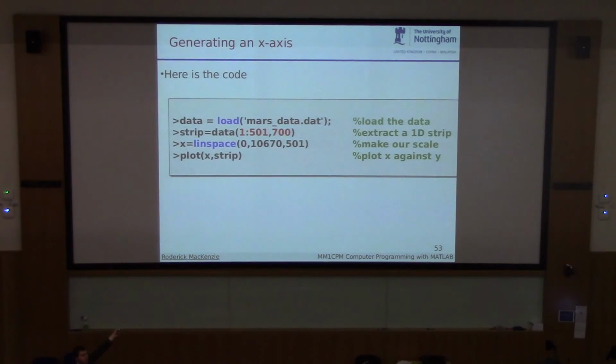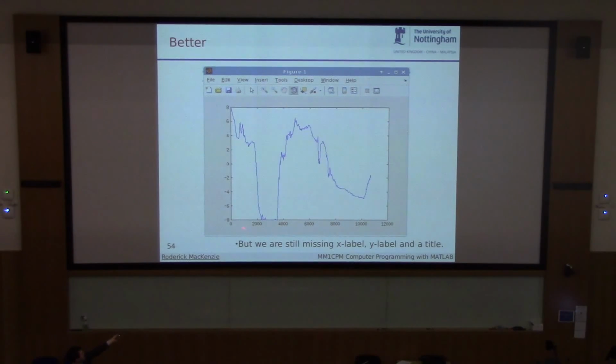So it's from 0, which is the South Pole, to 10,670, which is the distance to the North Pole, and with 501 points, because we know our array has 501 points, then we just go plot x, comma, strip. So this is basically the x-axis and the y-axis. And we get a nice graph labeled in actual kilometers rather than just some arbitrary array unit.